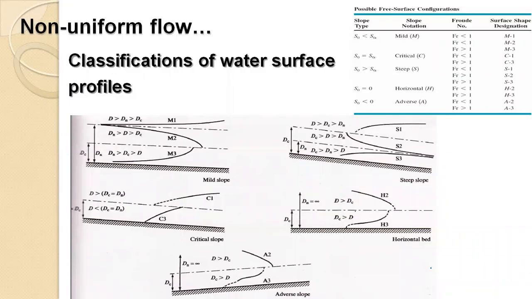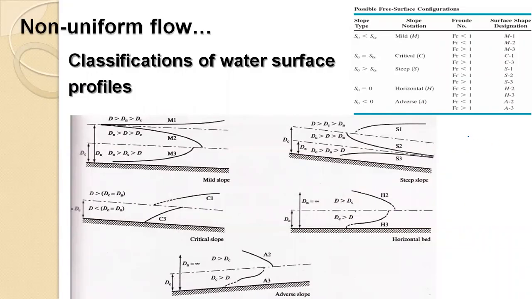Now, this is something to do with the classification of water surface profiles for non-uniform flow. And when you have non-uniform flow, there can be various conditions.